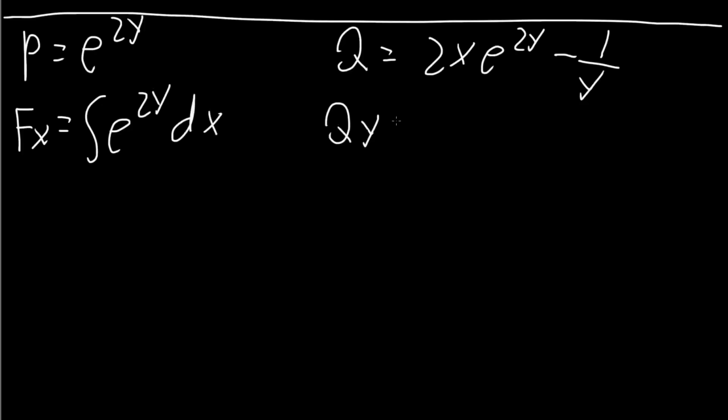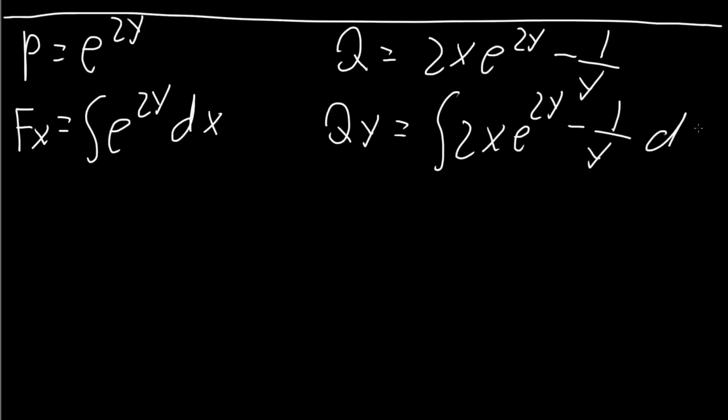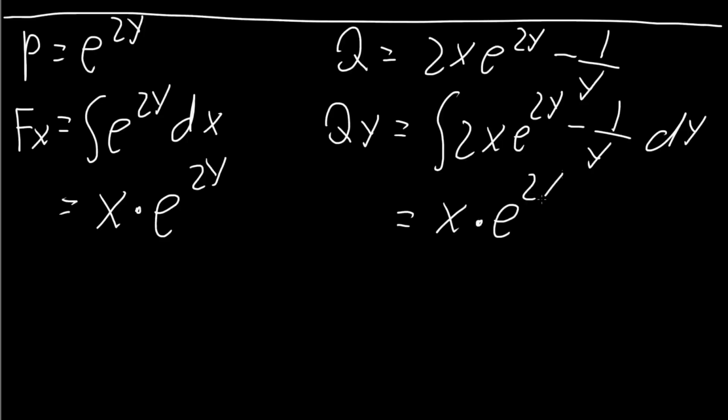So qy is equal to the integral of 2x e raised to 2y minus 1 over y in terms of dy. And so when we do that, the integral of this in terms of x would be x times e raised to 2y, and the integral of this in terms of y would be x times e raised to 2y minus ln absolute value y.